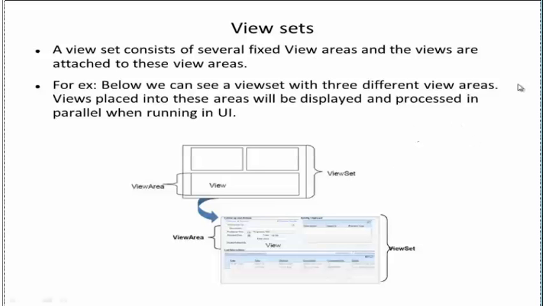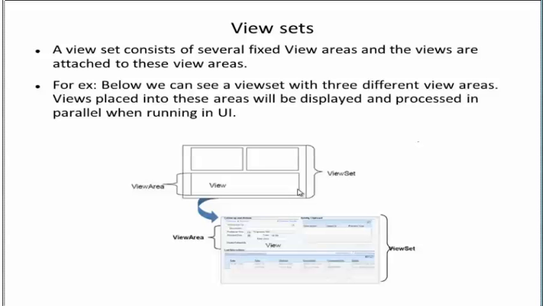So if you say this is column 1 and this is column 2, it is occupying two columns. To specify that, you would say that the column span is 2. This is how we define a view area, and based on the view area your views will be shown in that particular area which you defined.